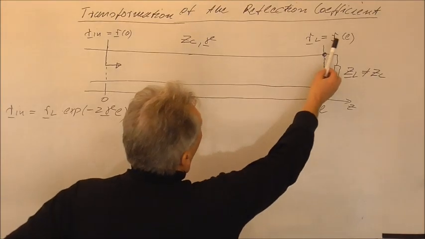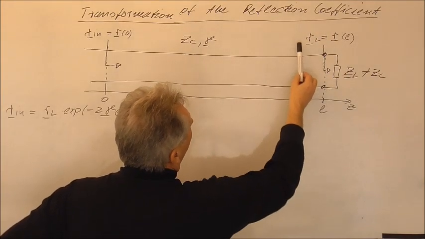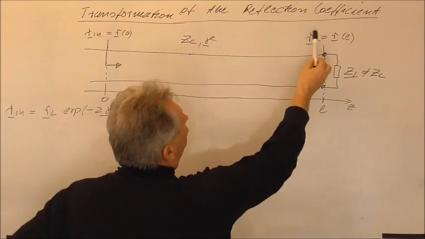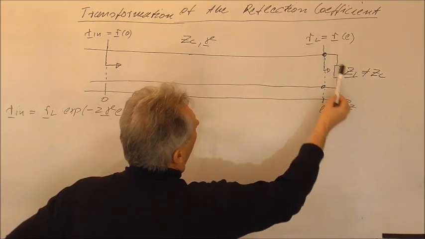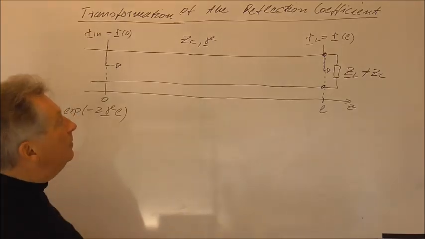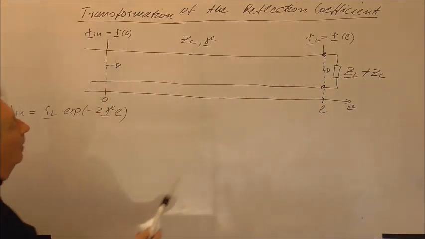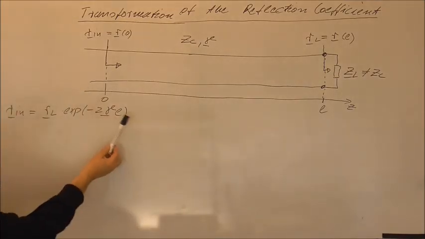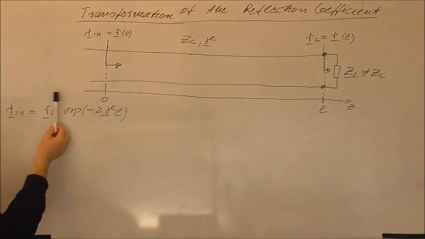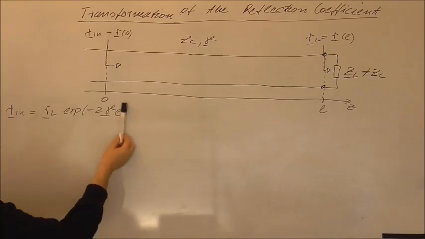Then we will have at the end of the transmission line a reflection due to the load ZL, and we call it RL. This is a reflection coefficient which occurs at this point on the transmission line. And in a step before, we saw that this is in principle the transformation law.